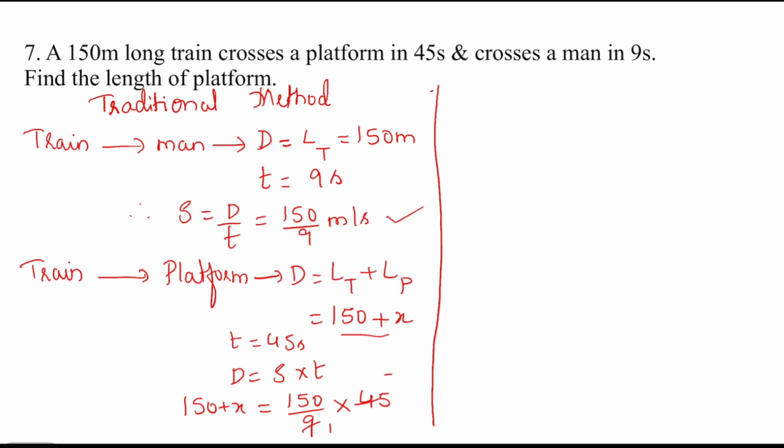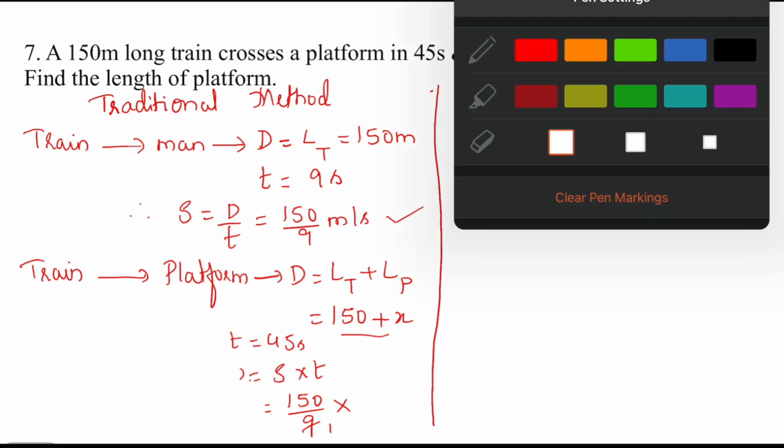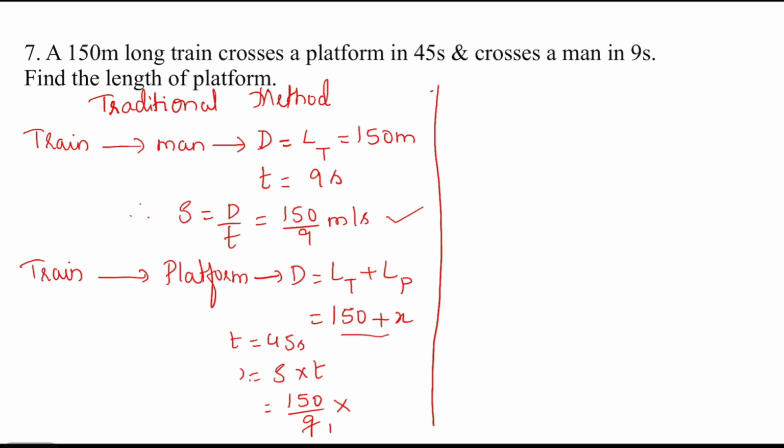9 ones are 9, 5 nines are 45, 5 ones are 5, 30s are... So therefore x is equal to 150 minus 30. Sorry, it is plus here, we cannot cancel it. Distance is equal to speed into time, so it is 150 plus x into 150 by 9 into 45. 9 ones are 9, 5 nines are 45.